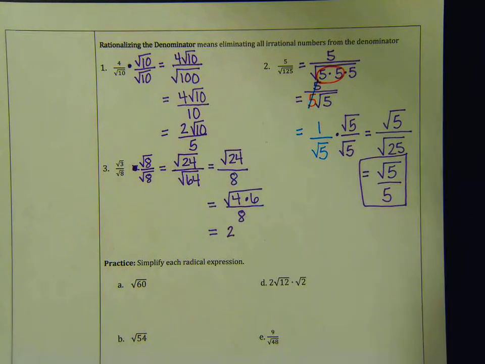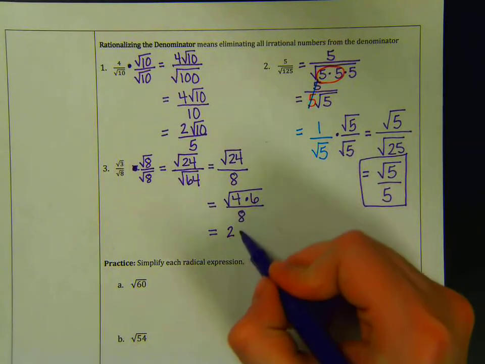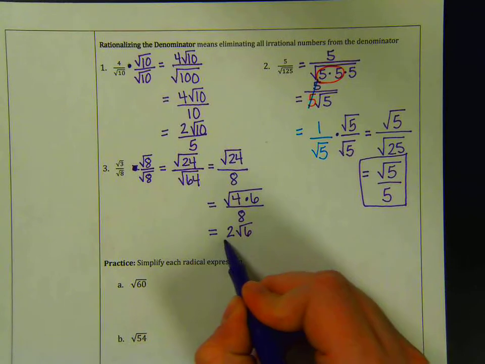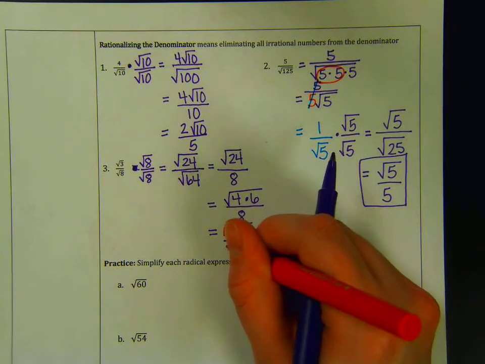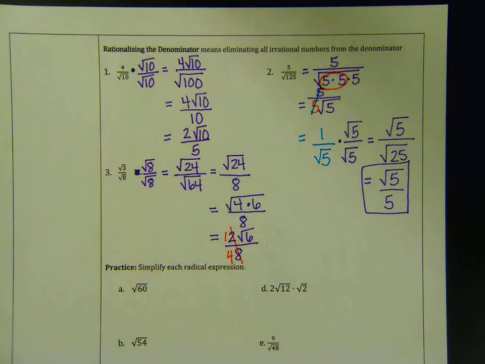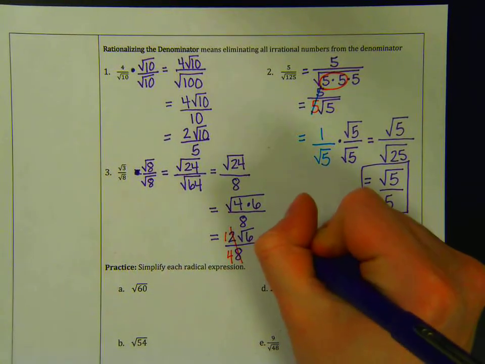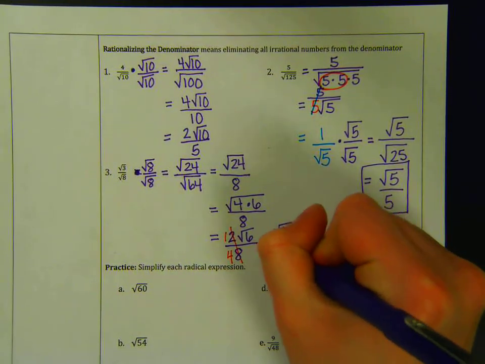So 2. The 6 is all by its lonesome. And then 8 is in the denominator. Final step. Simplify this into 1/4. So I get an answer of the square root of 6 over 4.